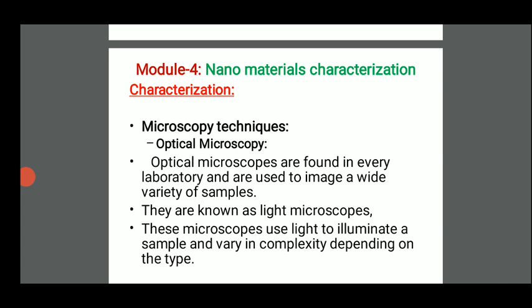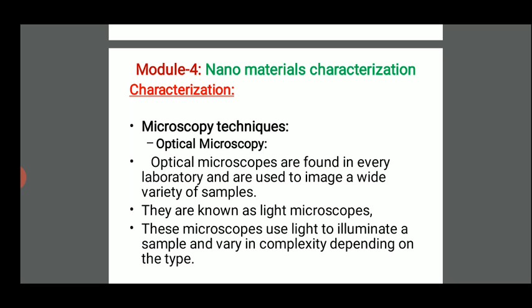Nanomaterial characterization, in that, first we must know about the characterization techniques. The characterization of nanomaterials involves determining the structural, optical, electrical, magnetic and mechanical properties depending on their applications.